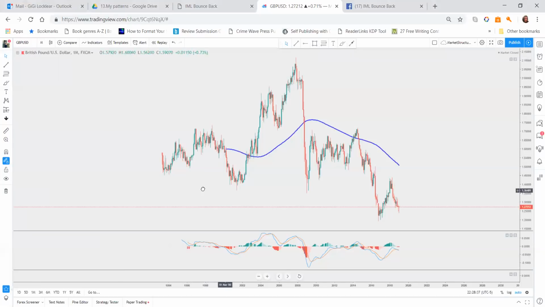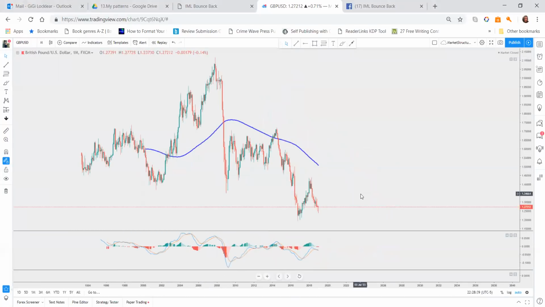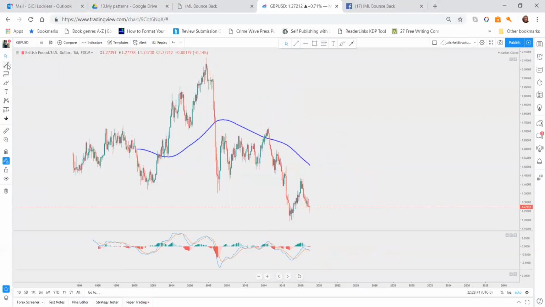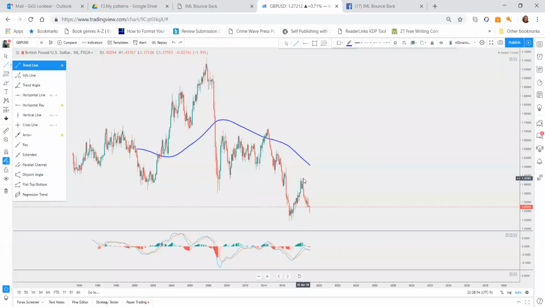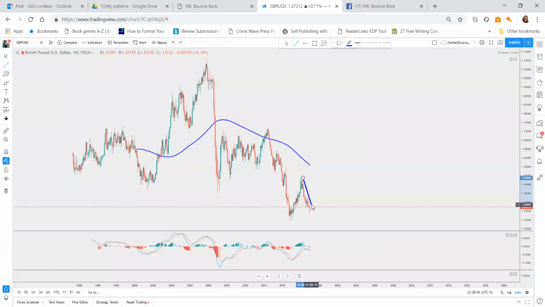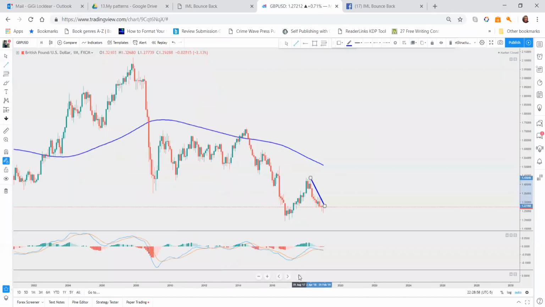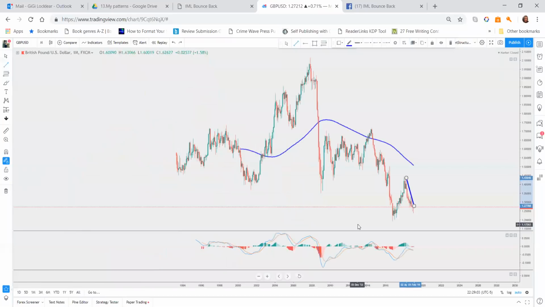All right, so let's mark up one more. We go on the monthly, and if you have a good trend, you can do your trend line. Or you can draw this one from the top, and the reason being is because our monthly is still forming, and it's not a good idea to cross through a candle that is forming.